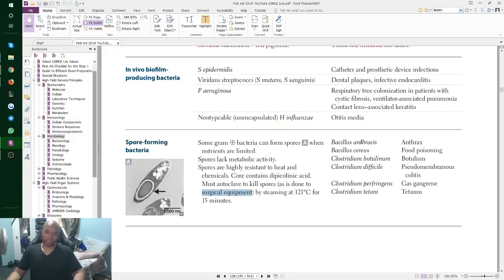So you see Bacillus anthracis, which causes anthrax. Bacillus cereus causes food poisoning. Clostridia all cause different kinds of issues. Right, there's 4 different Clostridia. You have to know them all inside and out and understand their mechanism of action. So when we get there, we'll see them. But all Clostridia and both Bacillus are spore forming.